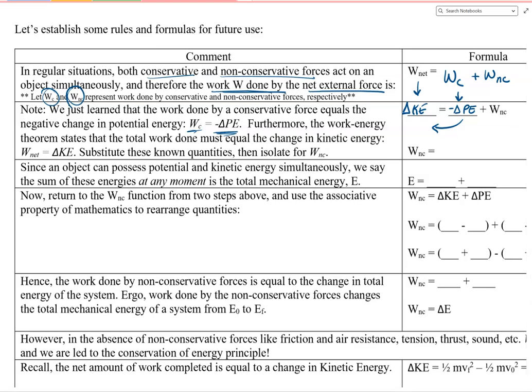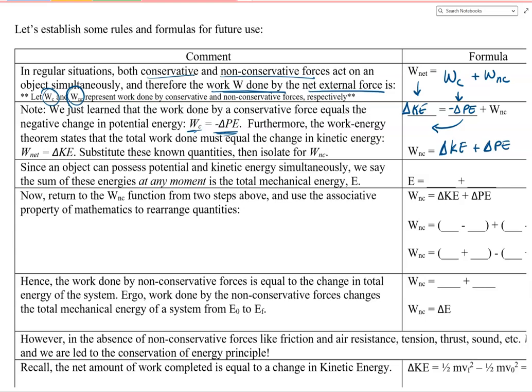And so we have this new definition now that while net work is the sum of conservative force work plus the non-conservative force work, the change in kinetic energy is the sum of the work done by non-conservative forces and the opposite of the change in potential energy. So therefore, work done by non-conservative forces by itself would simply be the change in kinetic energy plus the change in potential energy of the object.